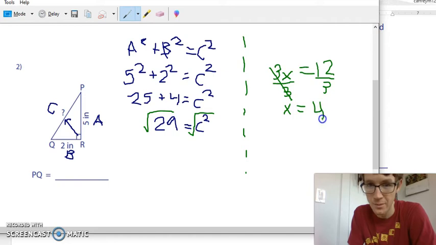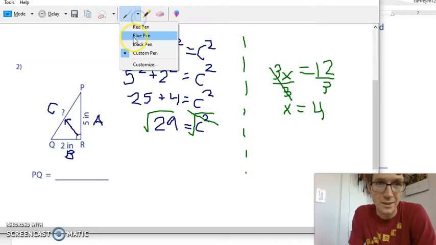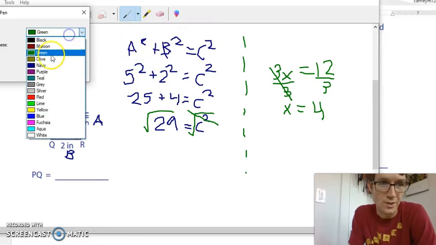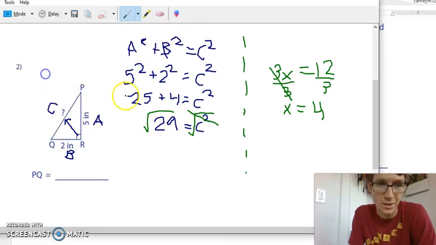So this is 4. So I want to use that logic over here. Basically, if you take the square root of something squared, they cancel each other out, just like 3 divided by 3 does. The square root of something squared, or squaring the square root of something, they cancel each other out. So that basically leaves us with just our C. So C is going to be equal to the square root of 29.